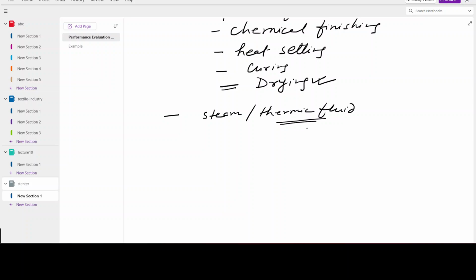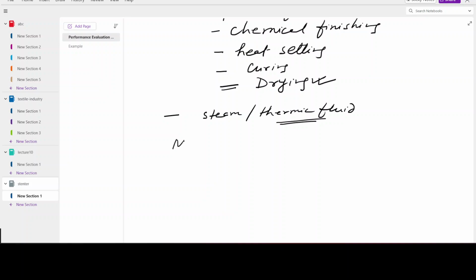We will study about thermic fluid heater while evaluating performance monitoring of utilities that are used in textile industry. The hot air is circulated above and below the fabric and is exhausted to the atmosphere by exhaust fans.